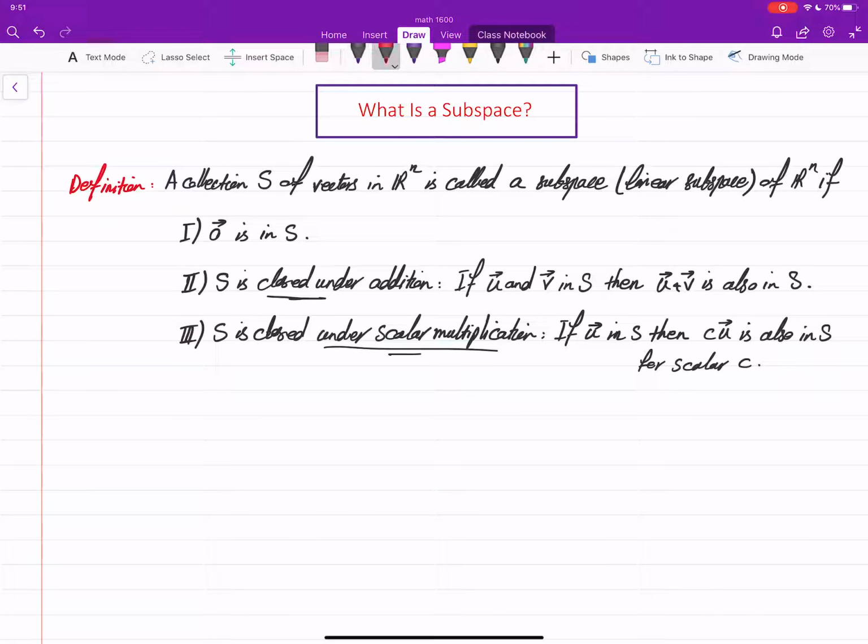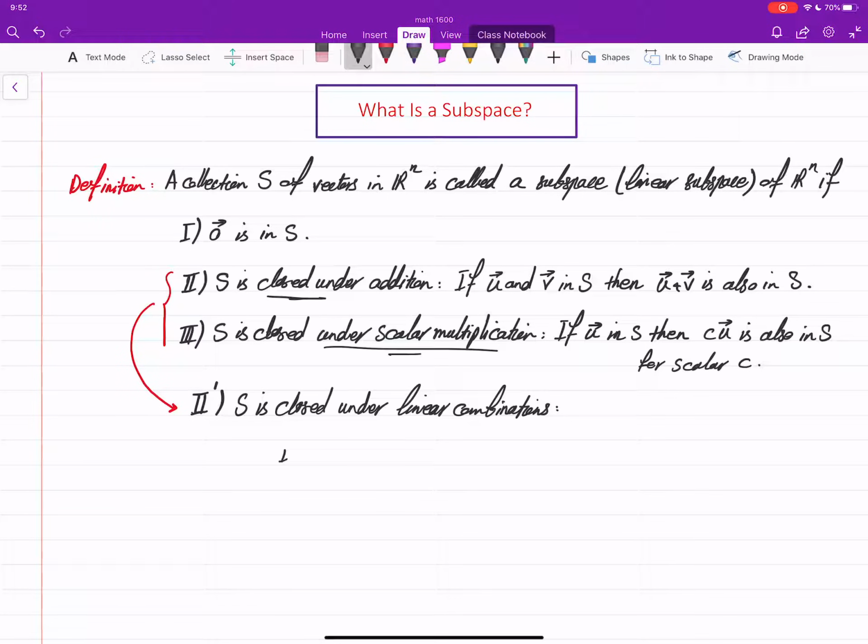Some people, instead of using these two, put one condition, let me call it second prime. They say S is closed under linear combination.